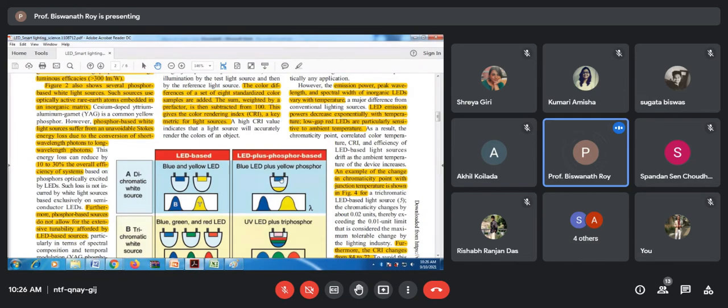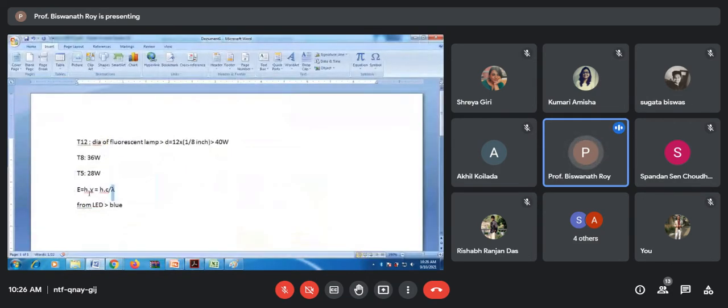For blue, the wavelength is lower. Just consider the visible region, 380 nanometer to 780 nanometer. So we are getting blue from the LED, the wavelength is lower, so frequency is higher. So the energy of blue LED, that is E1, is high, is more.